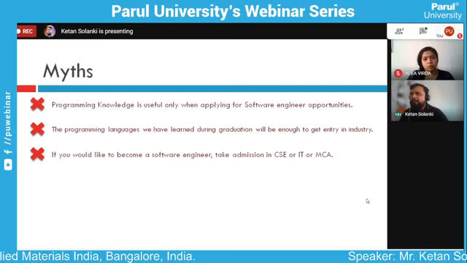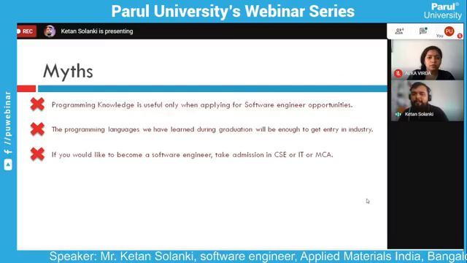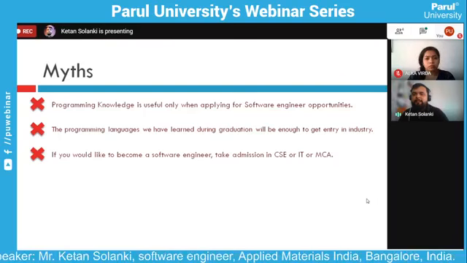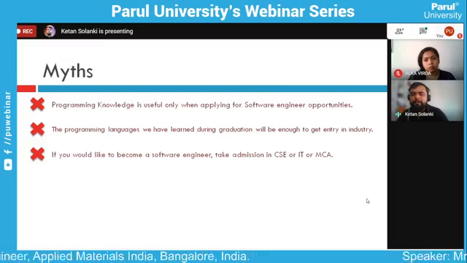But if we would like to become a software engineer in the electronics field, mechatronics, or robotics, all the branches have a software engineering department. They deal with control system parameters or automation software. This way we can choose our career path.